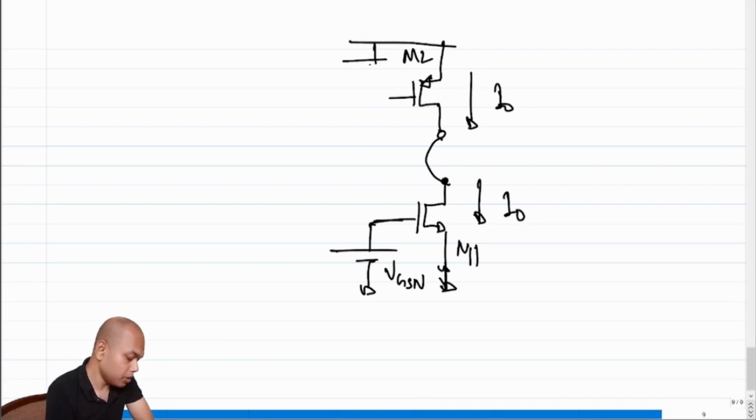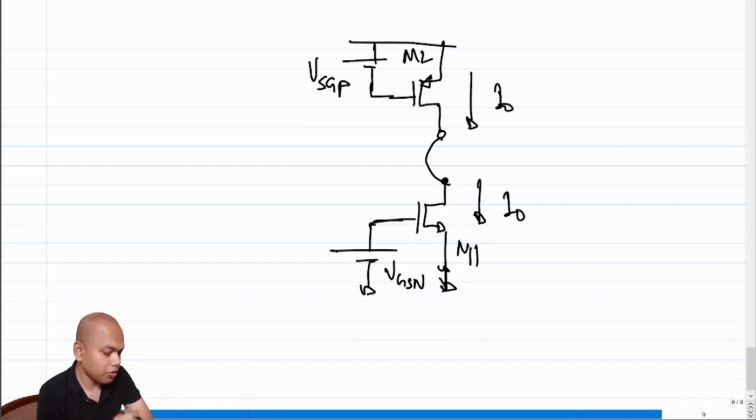Then we should put a battery of VSGP, which is the voltage required to source a current of I0. Now, what is the most convenient way of generating this VSG?